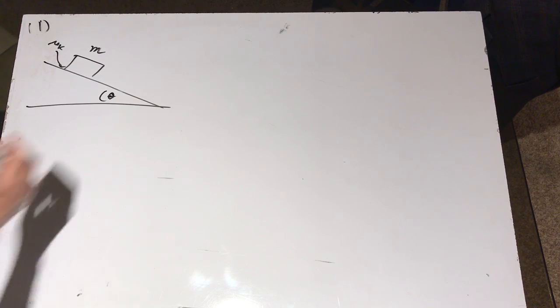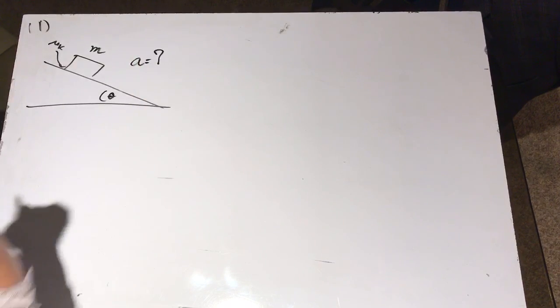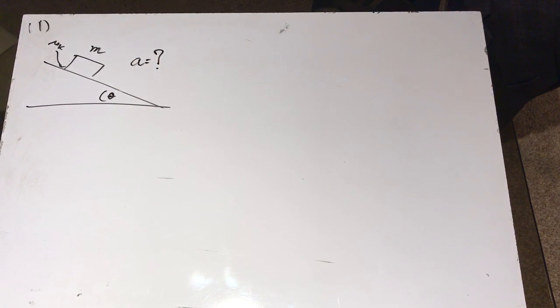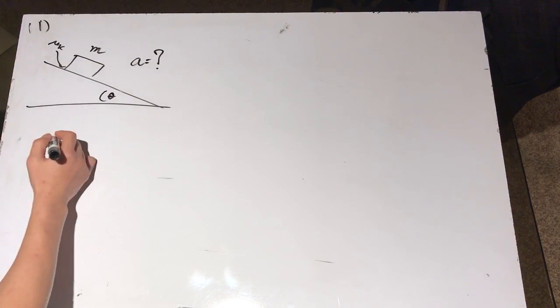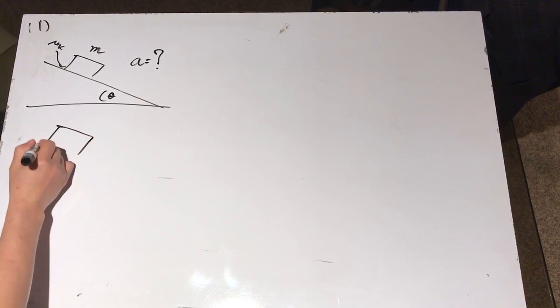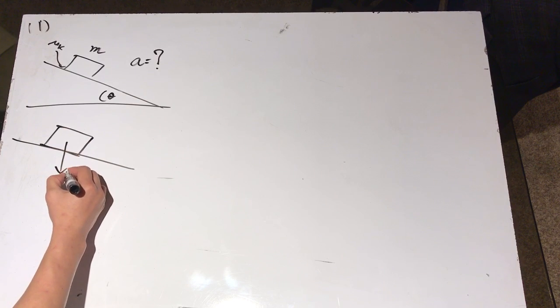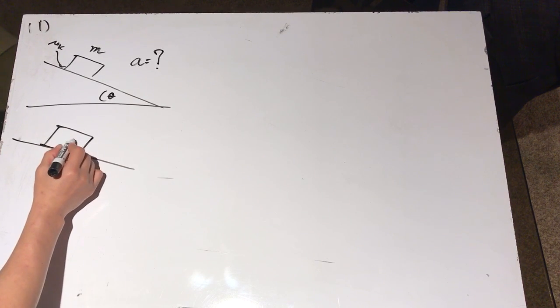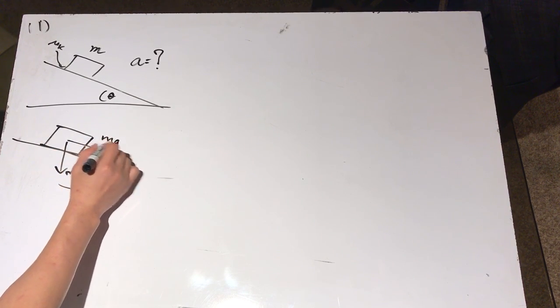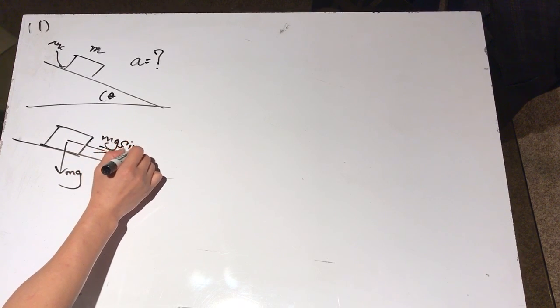You're looking for acceleration, and you don't know what it is, so you have to apply the free body diagram. You have the weight, which is mg. The component along the incline is mg sine theta.